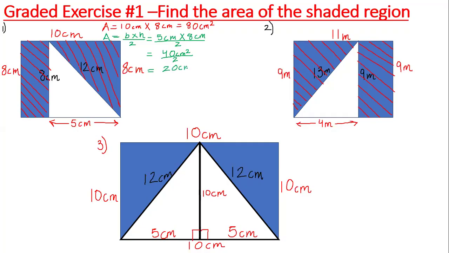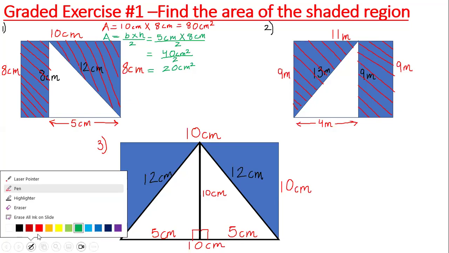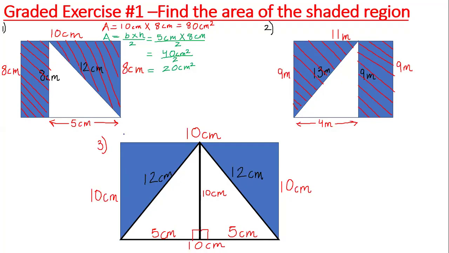No, sir. We still have to subtract. So it's 80 minus 20. We take the area of the rectangle and the area of the triangle and subtract.